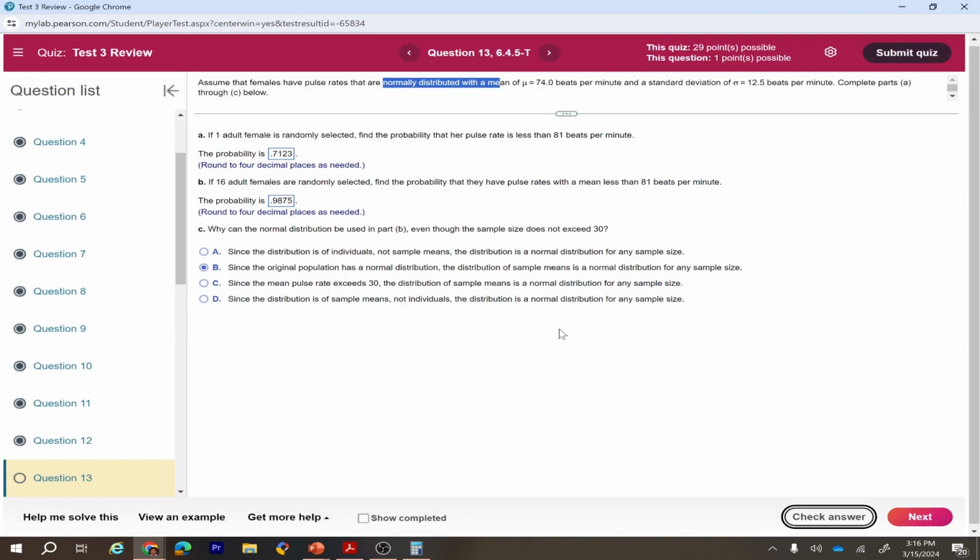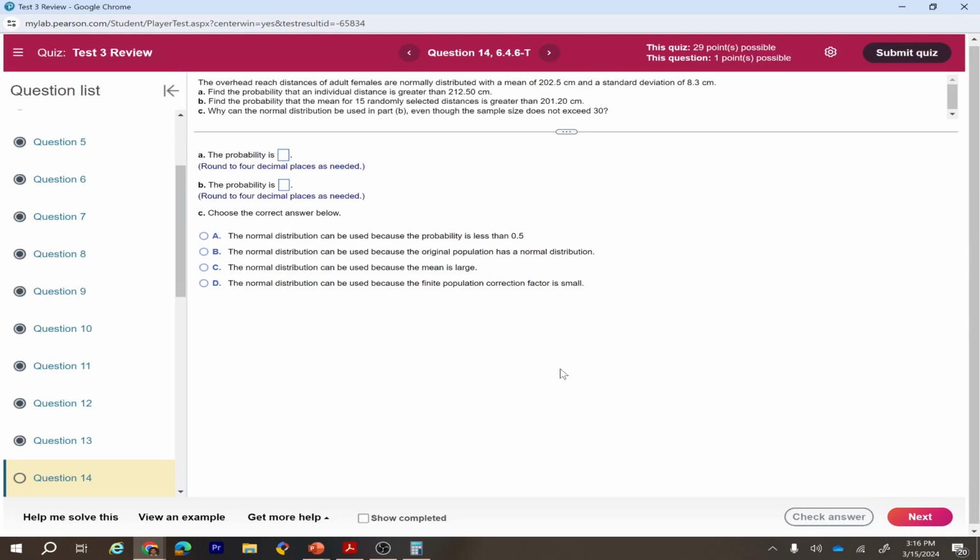Okay, next. The overhead reach distance of adult females is normally distributed with the mean 202.5 centimeters and standard deviation 8.3 centimeters. Find the probability that an individual distance is greater than 212.5 centimeters. So this is exactly the same as the previous problem.